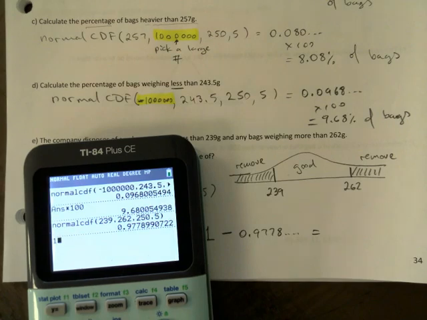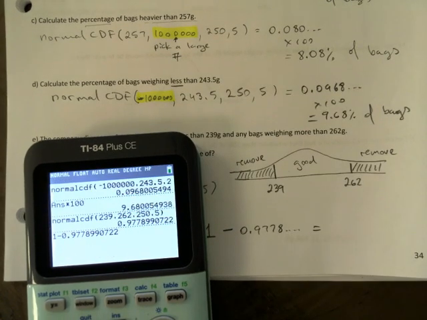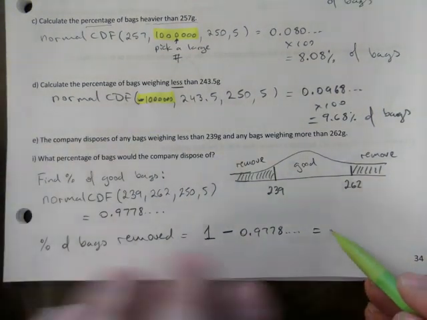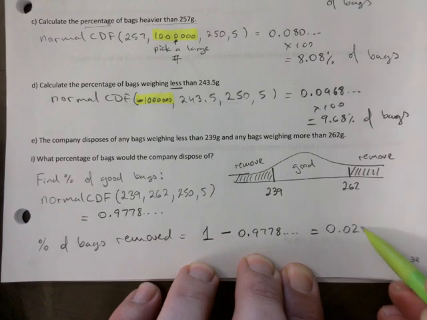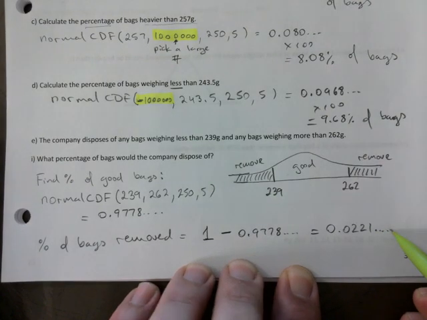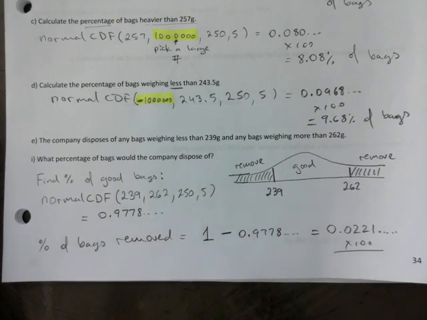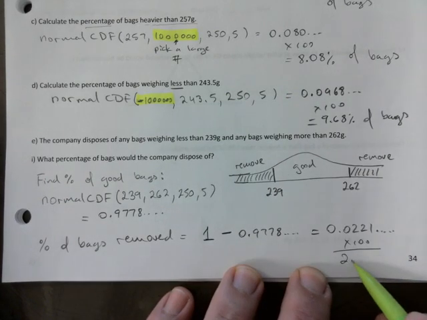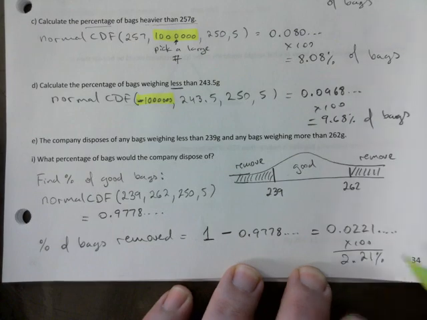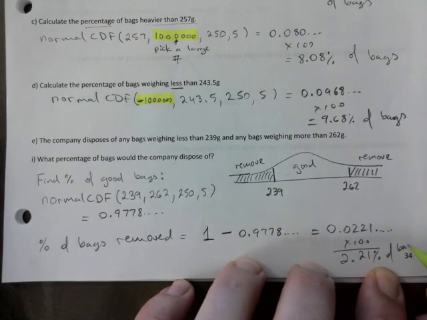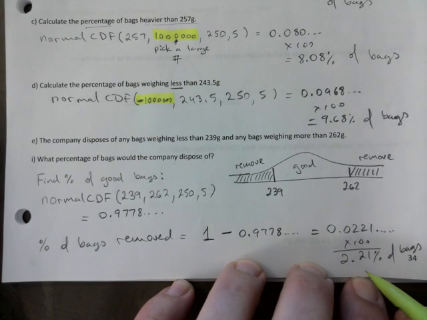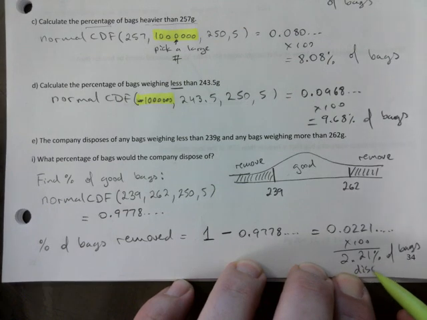So I'm just going to go 1 minus previous answer, and there it is, 0.0221, and then some. I multiply this by 100, 2.21% of bags discarded.